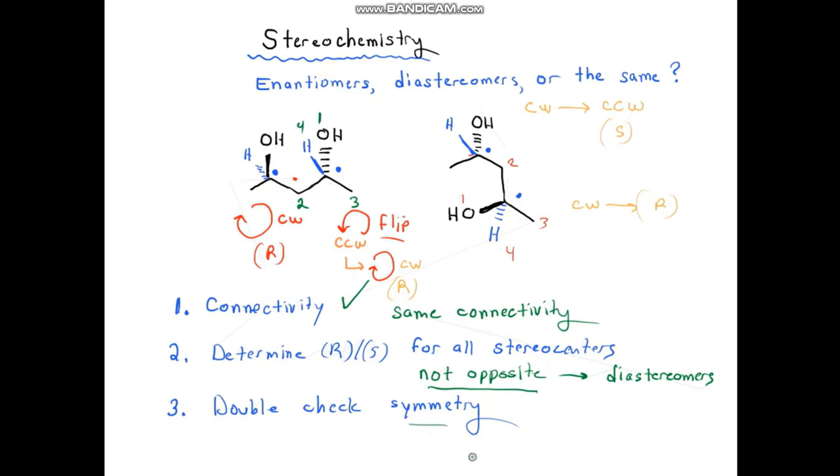Double check the symmetry. This is nothing we need to do in this case. There's just one exception: there are certain cases where molecules will have opposite R and S designations, but they'll actually be different versions of the same meso compound. And that's not going to come into play here. So not applicable.